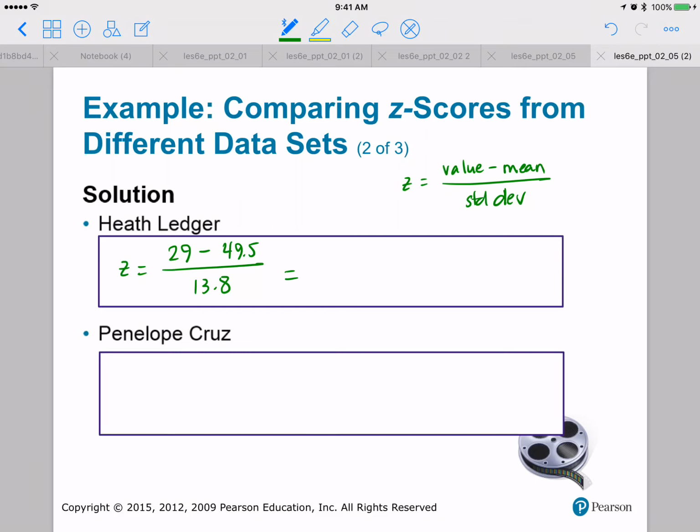That is negative 1.4855. Okay, so Heath Ledger's age is about 1.5 standard deviations below the mean.